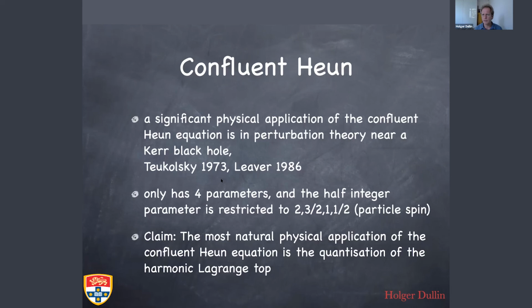And I was looking for a reference that would say the Lagrange top is the case of the Confluent Heun equation. I could not find this reference, but if you do know this reference, please send it to me.